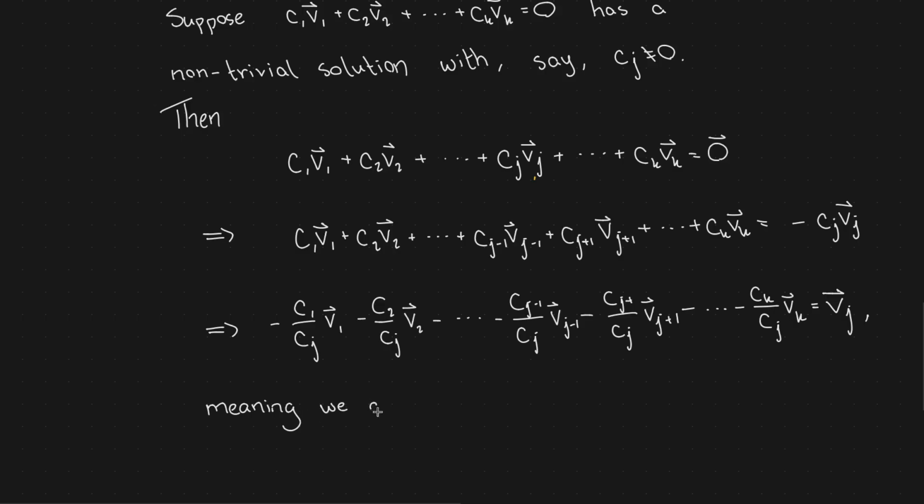Meaning we can write vector Vj as a linear combination of the other vectors.